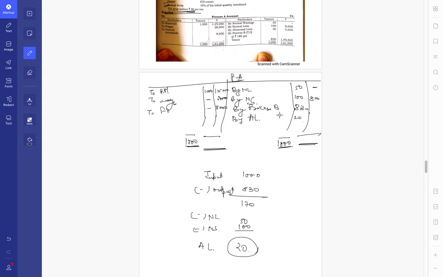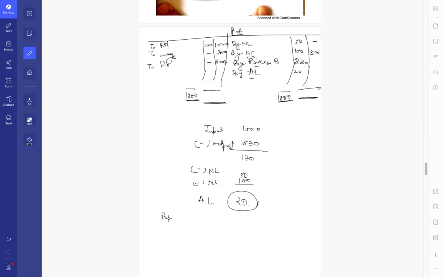We only need to find out one thing and then we'll be easily able to calculate the rate for the process A account and the abnormal loss rate for the process A account. Now the formula I gave you for rate was also easy. The total input amount, that is 1,25,000 plus 28,000 plus 8,000 minus any scrap. We have scrap as 800, divided by the desired output quantity.